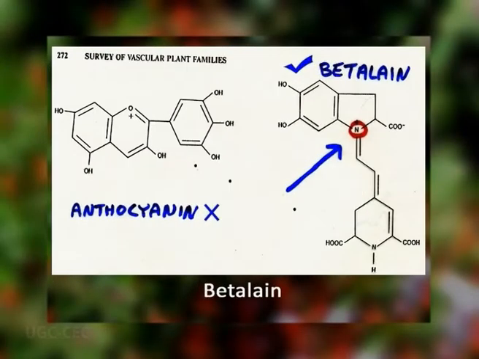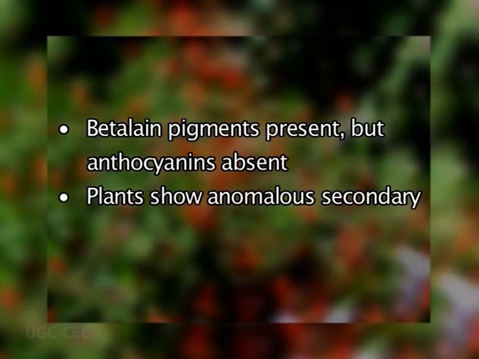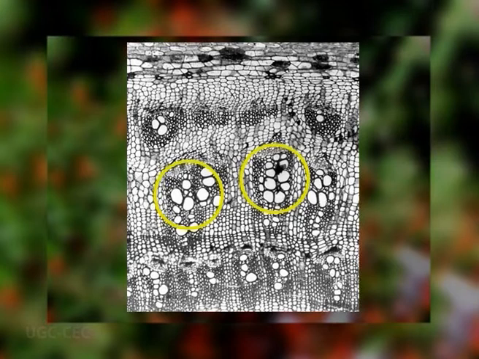The members that belong to the family Amaranthaceae have betalain pigments present, but anthocyanins are always absent. Plants, as already said, show an anomalous secondary growth. The plants have usually concentric rings of vascular bundles, or they can have alternating concentric rings of xylem and phloem.